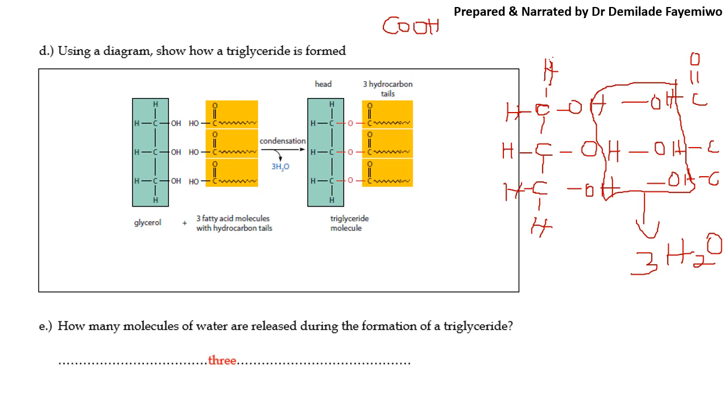The oxygen represents the bond, and that becomes your ester bond, okay? So that is how you form the relationship between glycerol and a fatty acid. And always remember, it's 3 condensation reactions, so you release 3 molecules of water in order to form a triglyceride. Why is it called a triglyceride? Because it has 3 fatty acid tails attached to it.